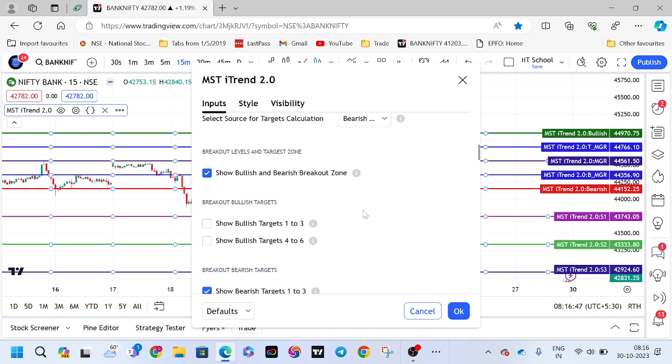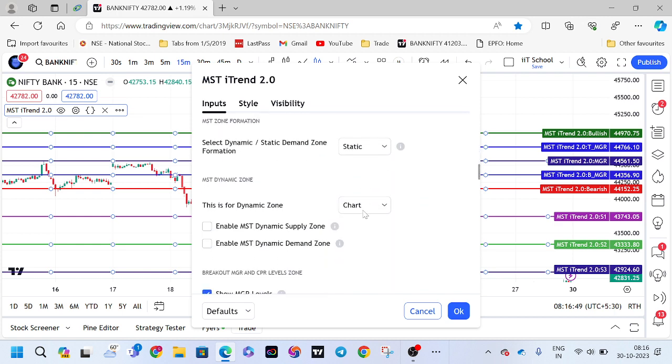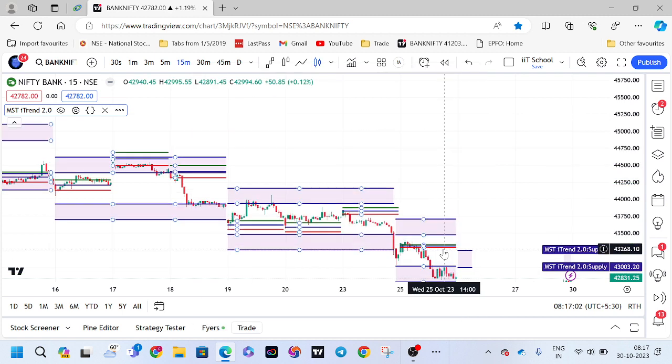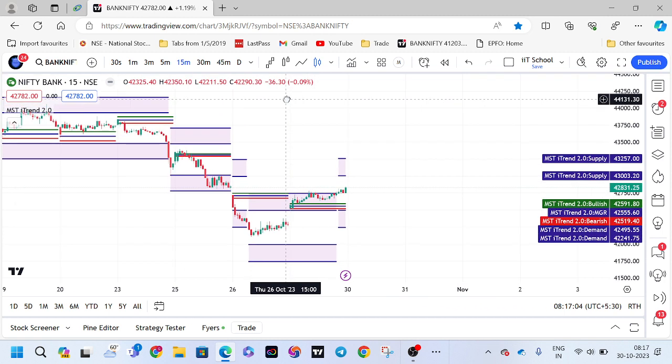What are the other setups we have in this indicator? Here we have dynamic buy zone and dynamic sell zone. What is this dynamic? This dynamic supply zone and dynamic sell zone will also work as support and resistance only.